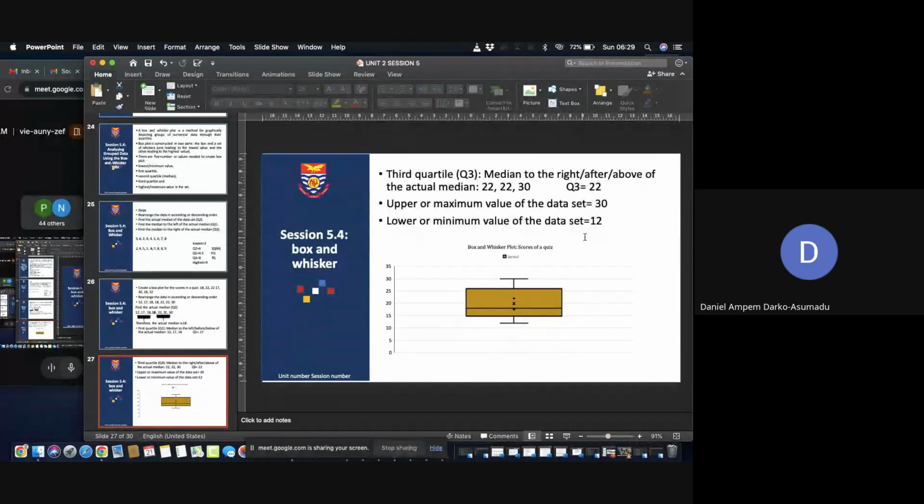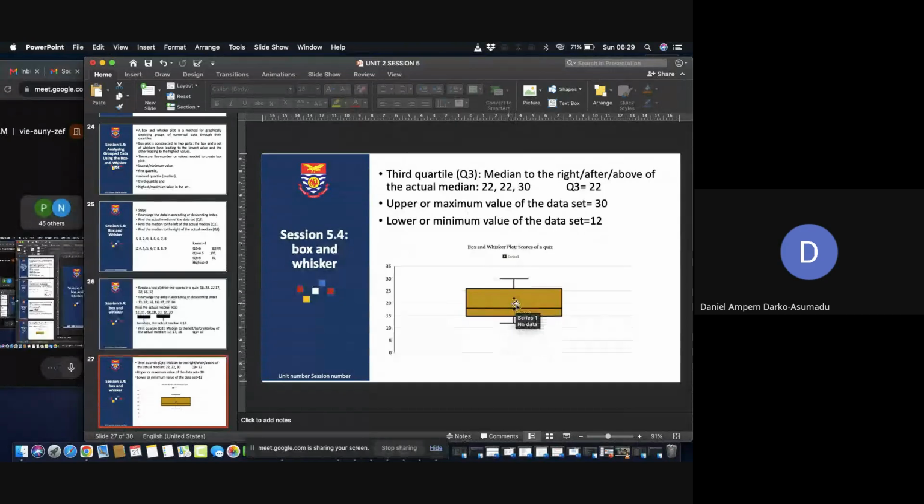So now that we have the values, we draw the maximum, which is 30. If you can see the diagram, this is 30, the maximum. The minimum is what? 12. So this is 12, the minimum tail of the box, the whisker.